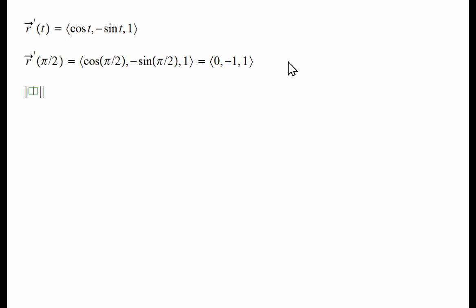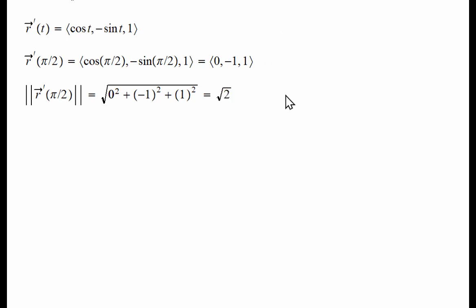Now let's write the magnitude of r prime at pi over 2. That will be simply the first component squared, 0 squared, plus negative 1 squared, which will be 1, then 1 squared, and the whole thing becomes the square root of 0 plus 1 plus 1, that is square root of 2.